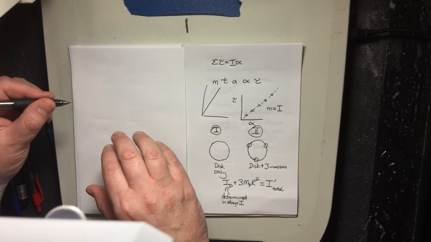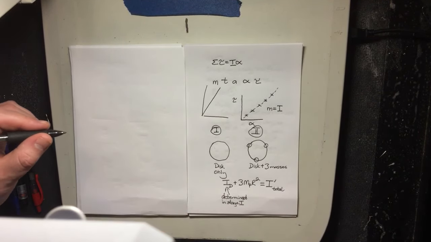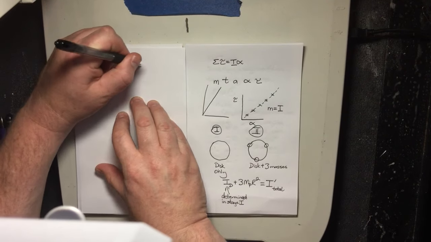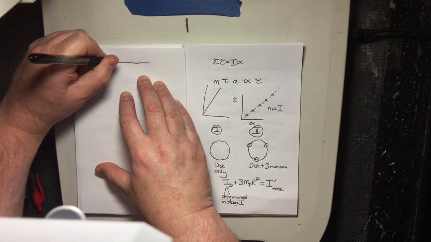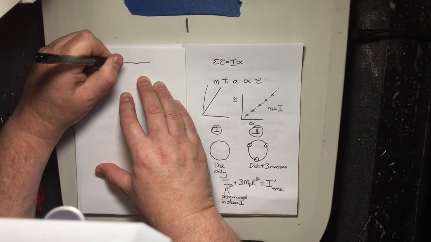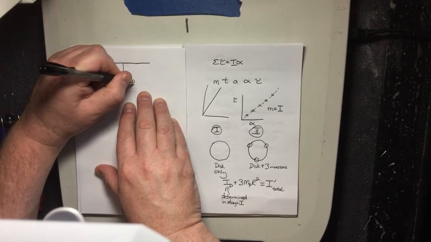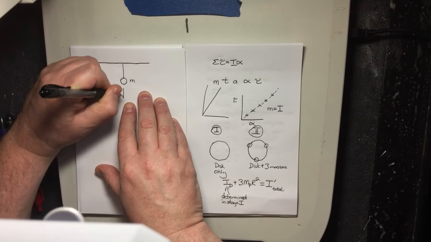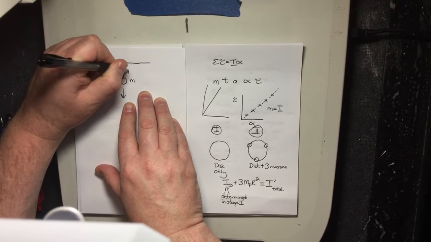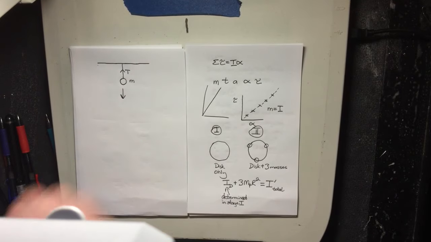In a particular event, if you had just a mass hanging and I wanted to know the tension of that string, you would go, well, that's easy. The tension of the string is just the mass times gravity hanging down. And I go, well, how do you know this?